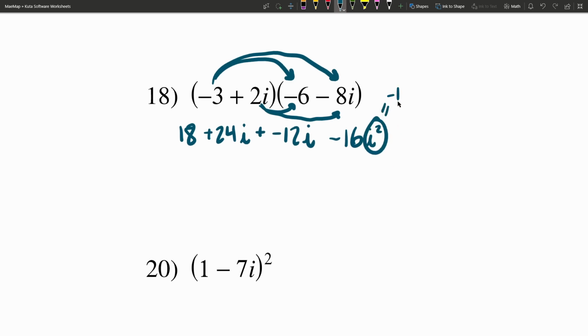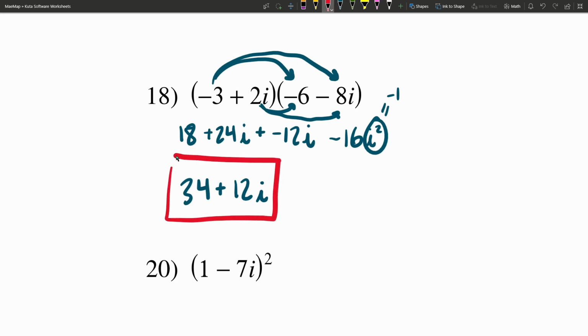That's equal to negative 1. So negative 1 times 16 is a negative 16, and if that's subtracted, that's the same as adding 16. So if we have 16 plus 18, that's a positive 34, and we're adding that to 24i minus 12i, which is a positive 12i. 34 plus 12i is our solution in number 18.